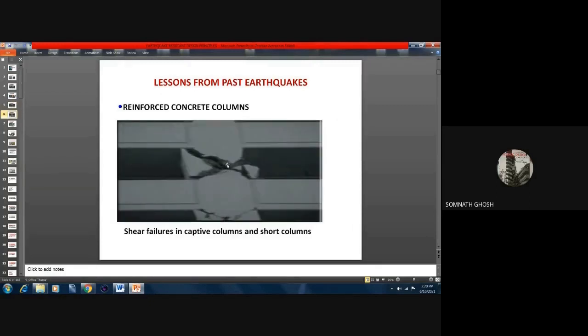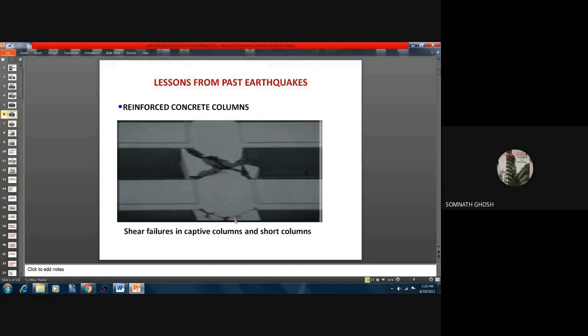This is shear failure in captive columns, short columns. You see, there is a beam, there is another beam. In between, this column is there. Small, very small. Maybe below this beam, there is another column, but the length is short. Then what will happen?